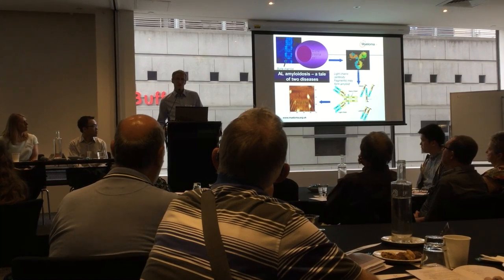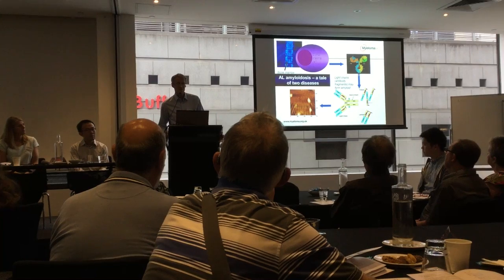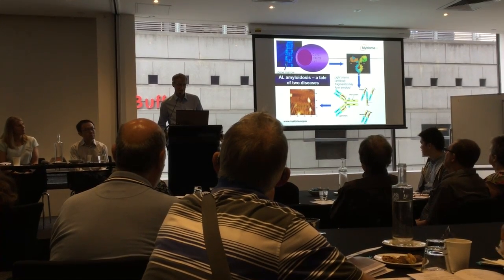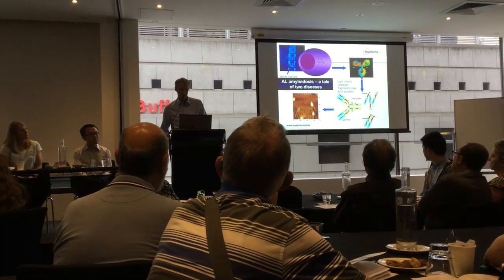A small proportion of patients with AL amyloid have myeloma as well, where the plasma cells are damaging the bone marrow, replacing it and preventing production of normal blood components.